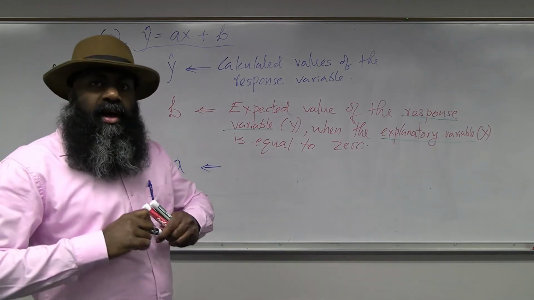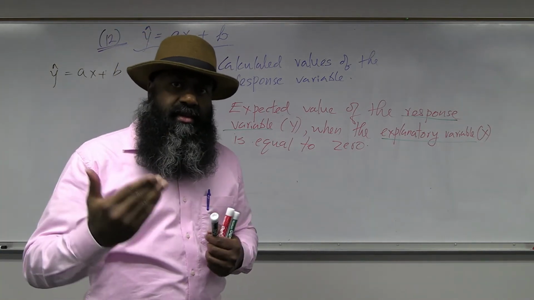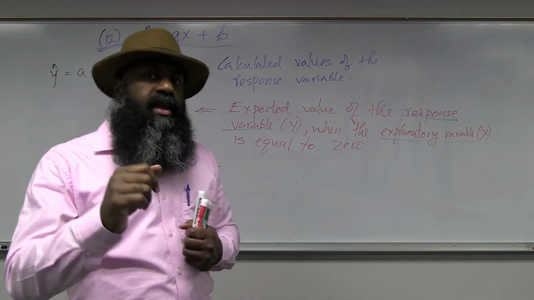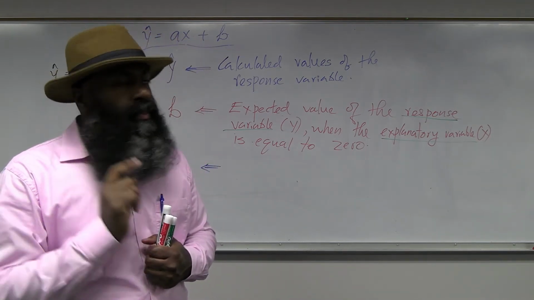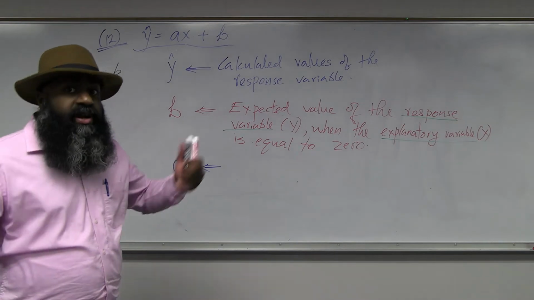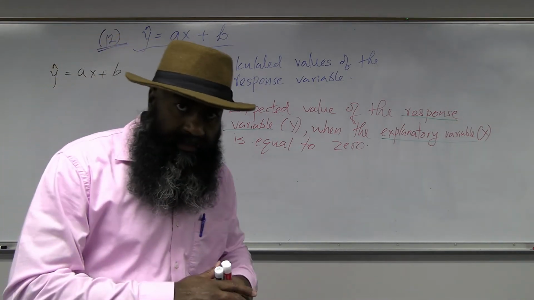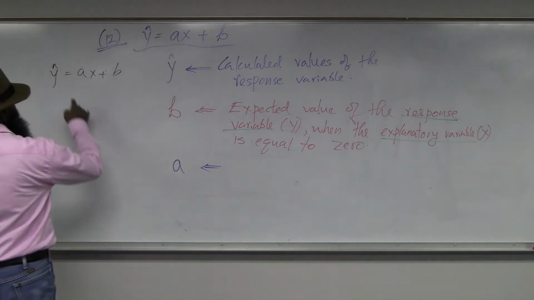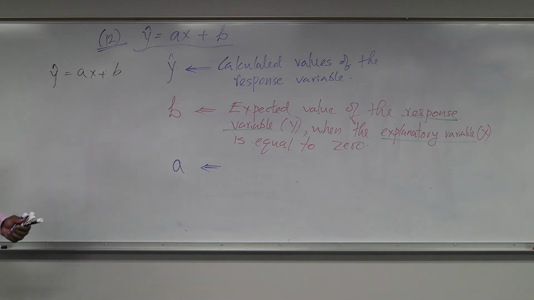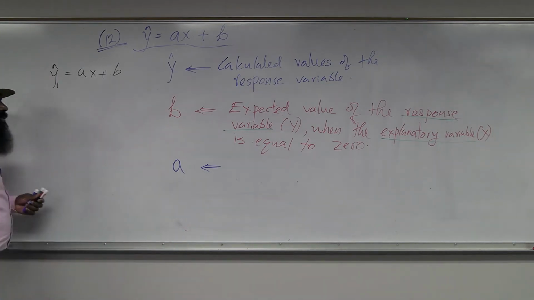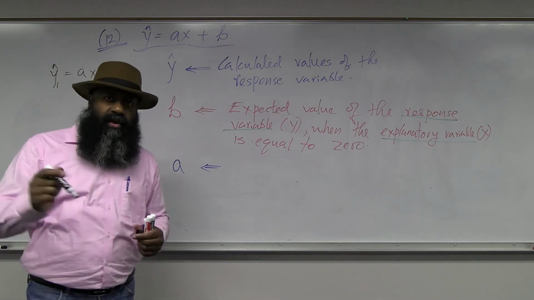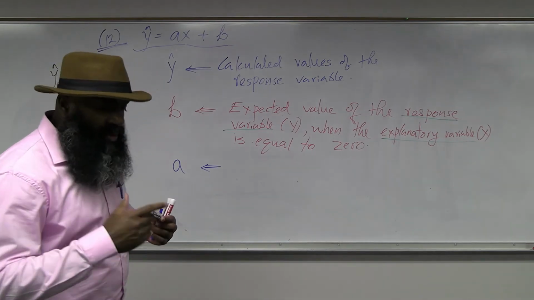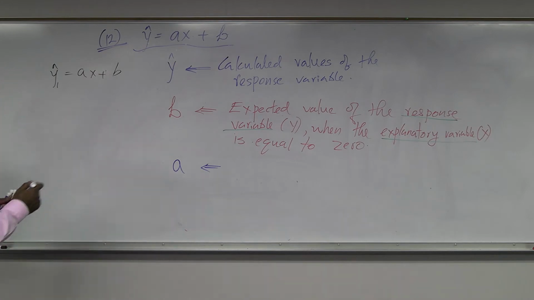Let's say now I'm going to increase the value of x by 1 unit. Now I will have a different calculated y value. So that y hat value will be different from previous y hat value. So I would say this is y hat 1, the y value calculated in the previous step, and now I'm going to increase the value of x by 1 unit.